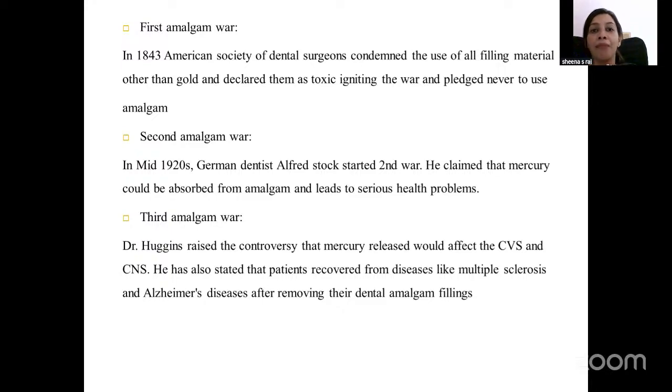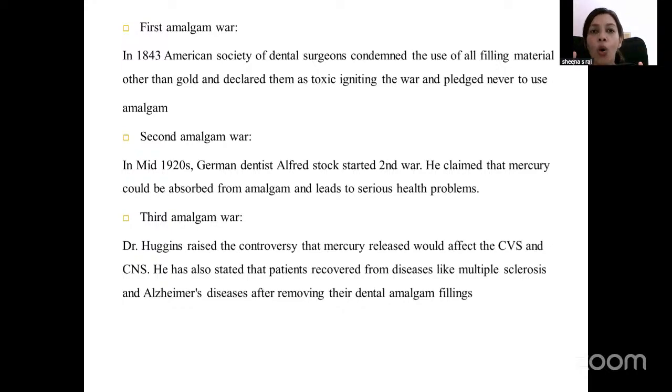The third amalgam war was by Dr. Huggins, again with controversies that mercury causes various health problems affecting the cardiovascular system, central nervous system, etc. He also stated that patients recovered from diseases like multiple sclerosis once they started removing their dental amalgam fillings.